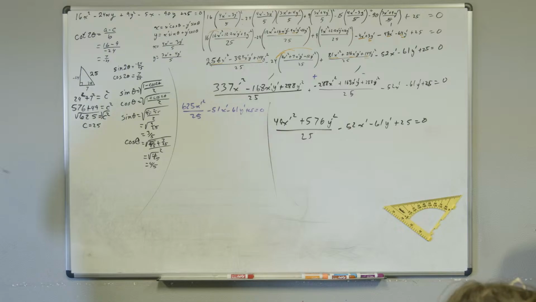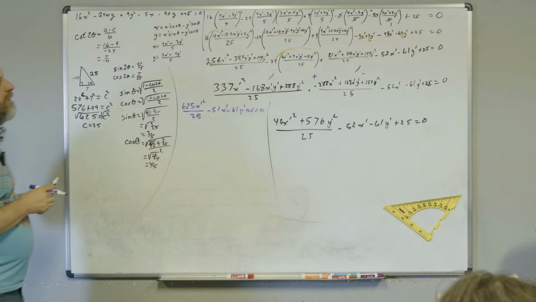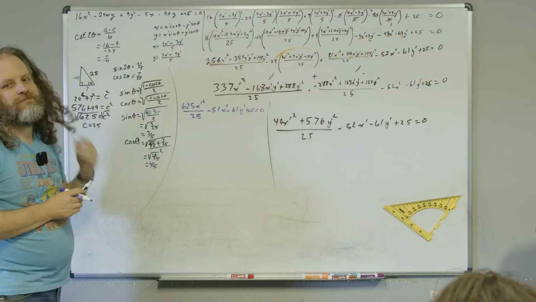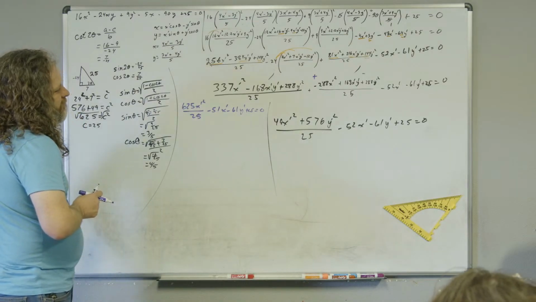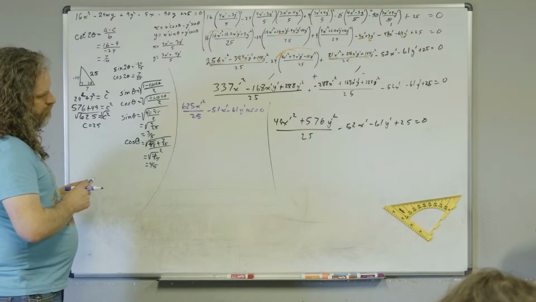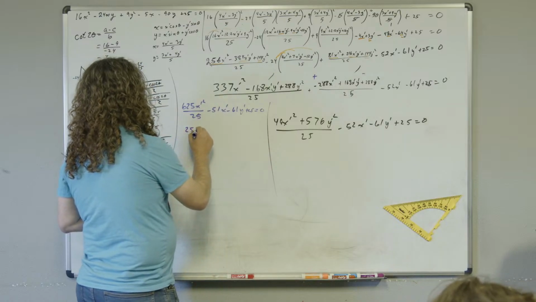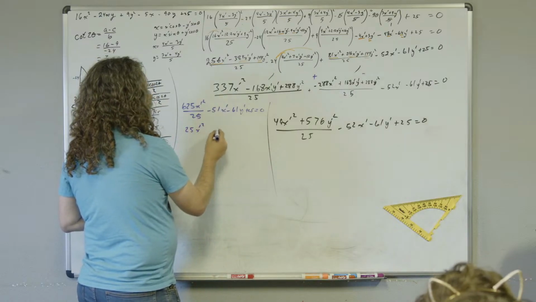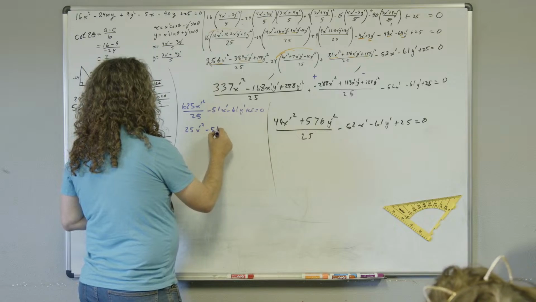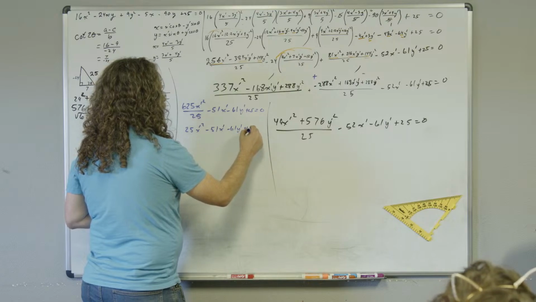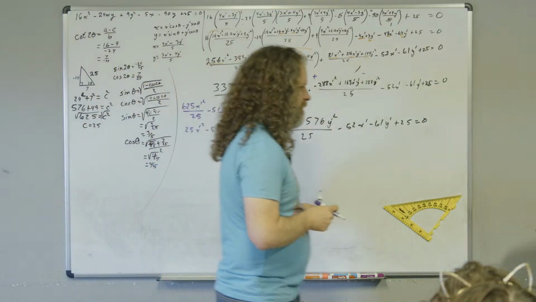I bet you anything that's where the typo is, because this is going to come out pretty-ish. Well, you could reduce this. What's 625 divided by 25? 25. So 25x prime squared minus 51x prime minus 61y prime plus 25 equals 0.